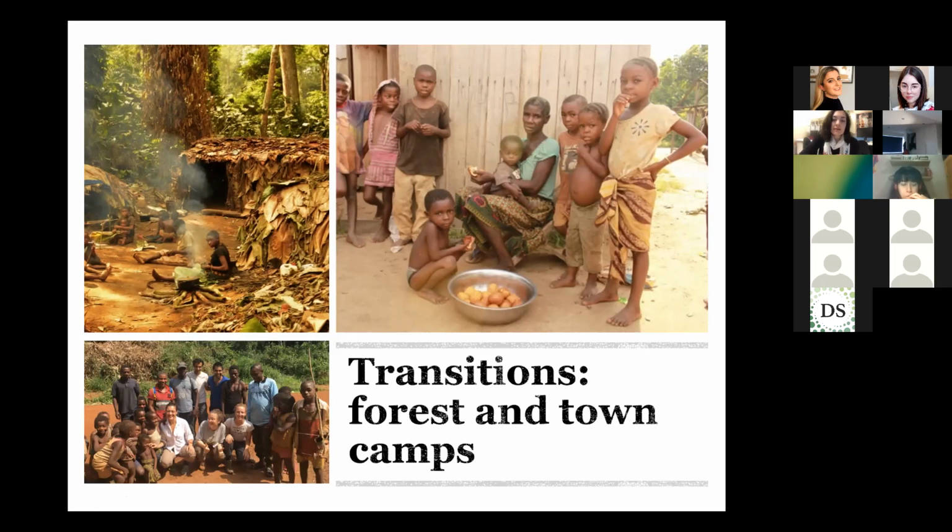So I wanted to understand whether people who are born in what we call town camps have different plant knowledge than people who are born and raised in the forest camps. We also wanted to understand whether preference for traditional treatment changes when the BaYaka are born in the town.